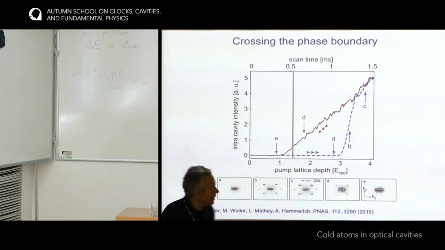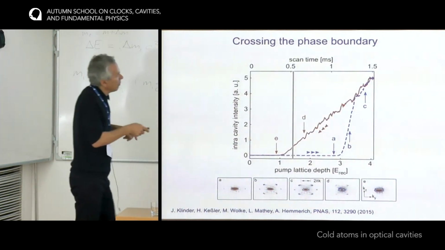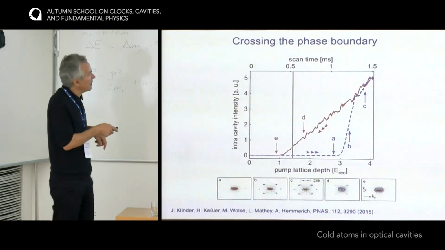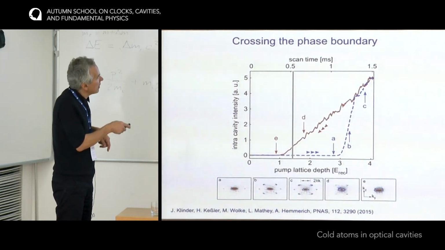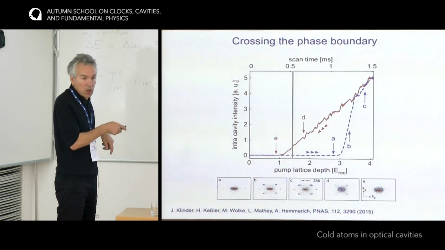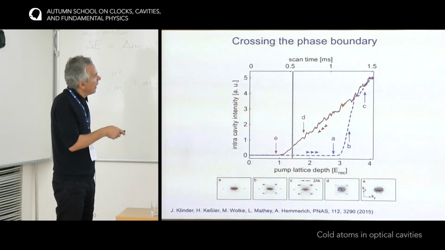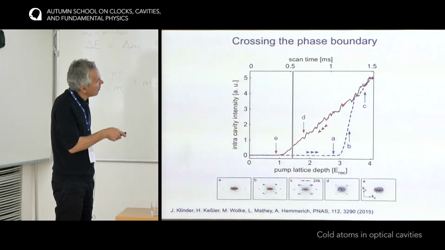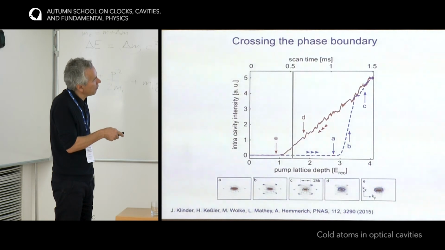And this is seen here. This is a plot where we tune across the phase boundary. This is the equilibrium phase boundary, if we would be able to go infinitely slow. And what happens is on the blue curve, we are going into the self-organized phase. We stay in the superfluid regime, even though we are already above the threshold.